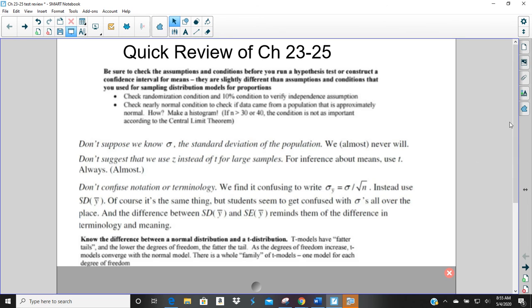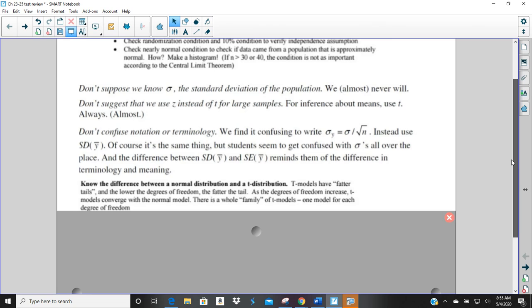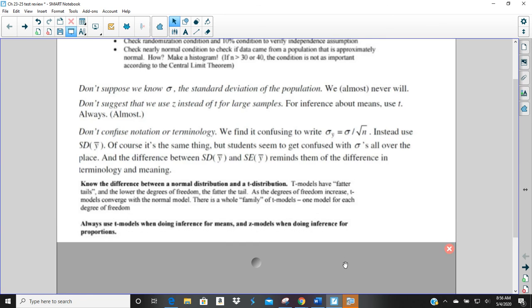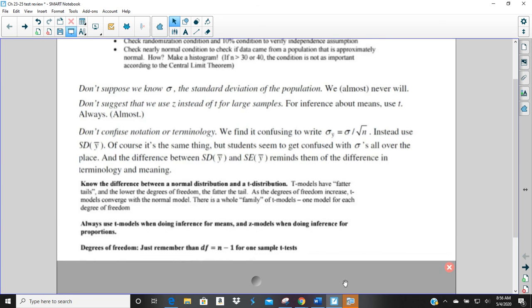Normal distributions and t distributions, in case it comes up as a question on the free response, it could happen. T models have fatter tails, and lower degrees of freedom make the tails fatter. There is a whole family of t models, one model for each degree of freedom. We already talked about that.